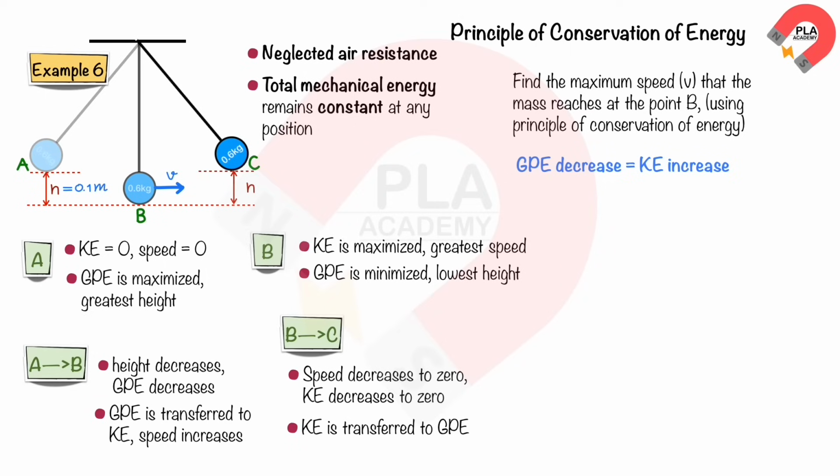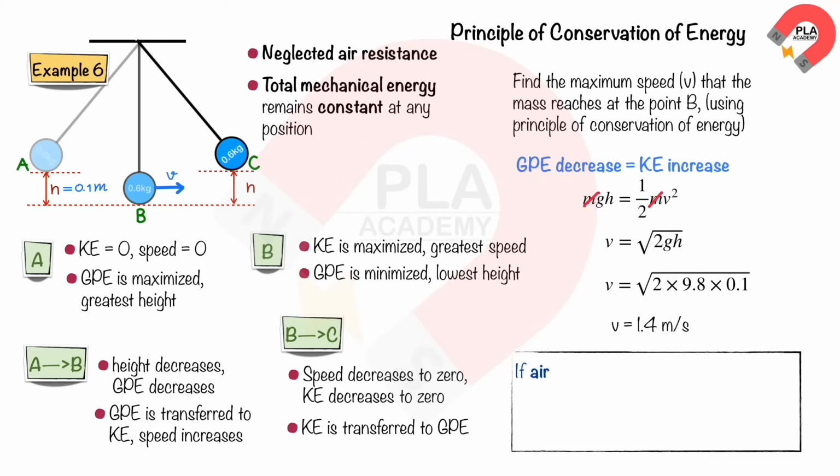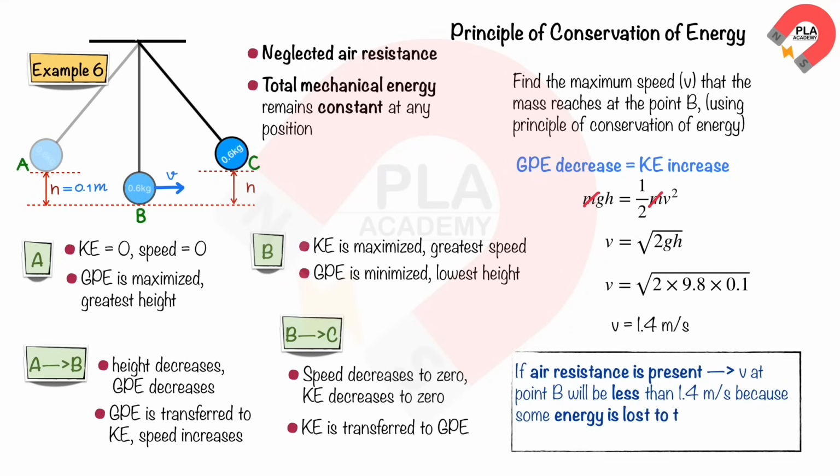Using the equation mgh equals half of m times v squared, we can substitute the values in: m equals 0.6, g equals 9.8, and h equals 0.1. Solving this equation, we find that the speed, v, equals 1.4 meters per second. If air resistance is present, the speed at which it reaches point B will be less than 1.4 meters per second, because some energy is lost to thermal energy due to air resistance.